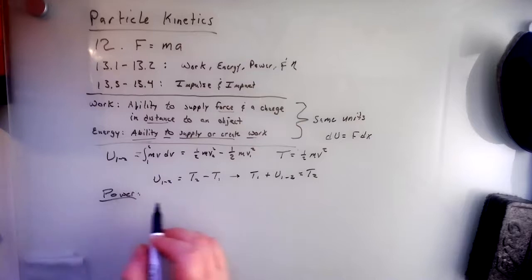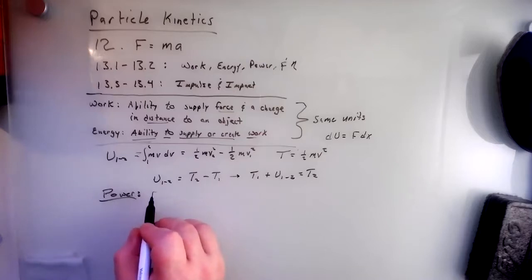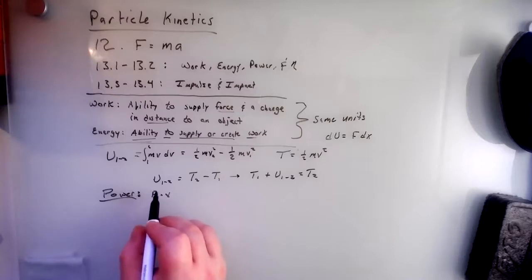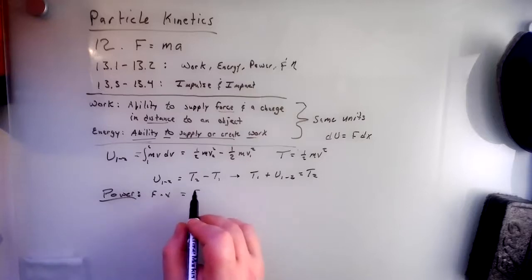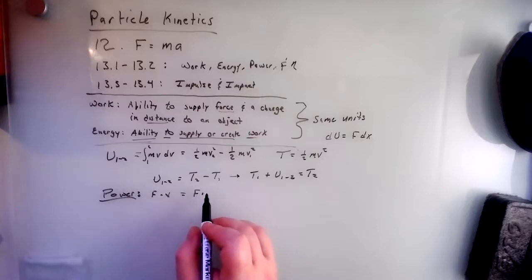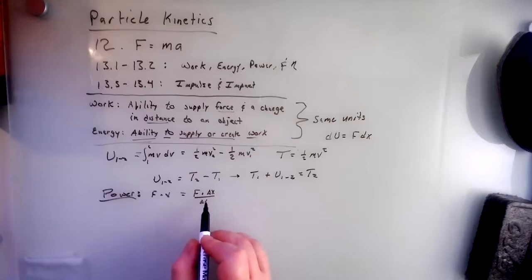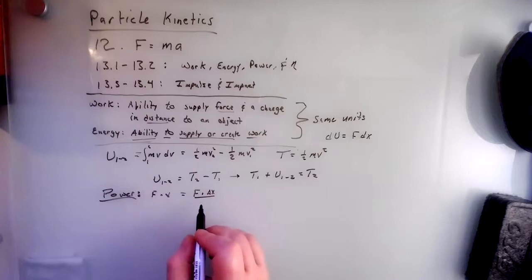Conceptually, it's a very small step from work and energy to power. Power is F times V. It's a rate. And if you expand the V, then that is F times dx over dt, and this being a differential.